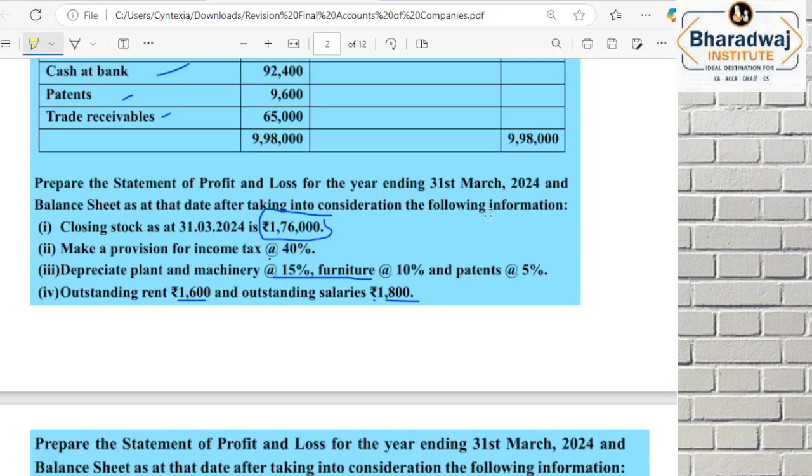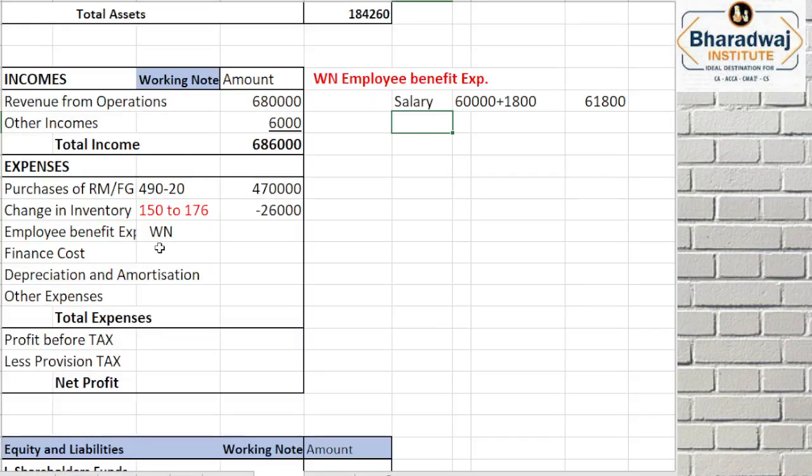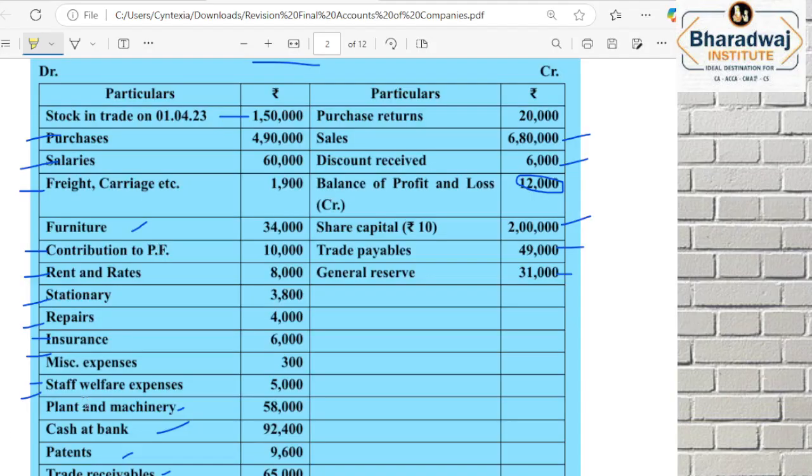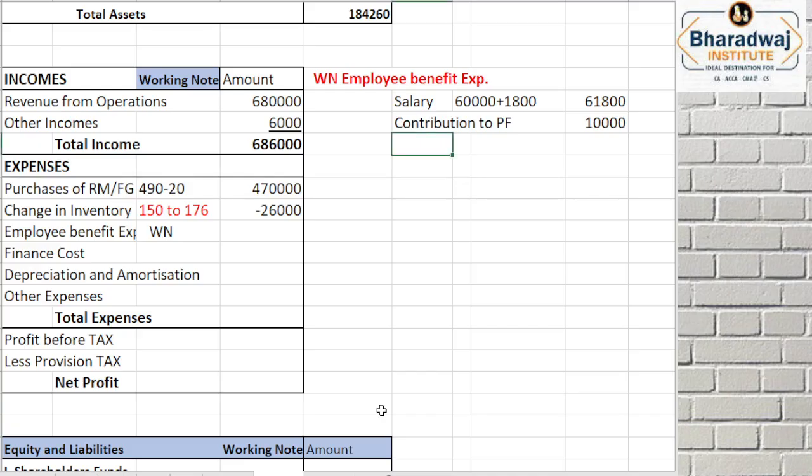Then that contribution to PF also. Then the staff welfare expenses. Staff welfare expenses, how much? 5,000.